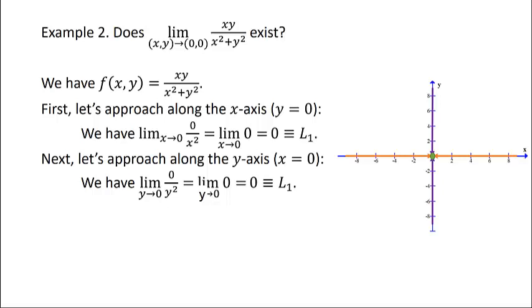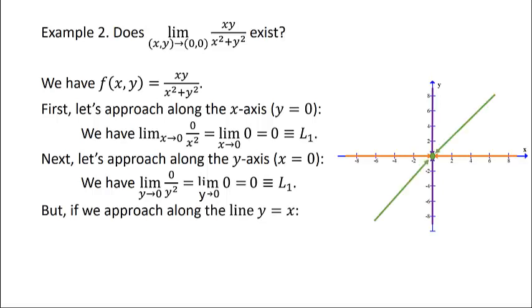It is not enough to assume now that the limit of the function is 0, not by a long shot. Because remember, in order for a limit to exist, we would have to check every single possible path approaching (0, 0). It's not enough to stop at just checking these two. And in fact, what happens if we decide to approach (0, 0) along the line y equals x?